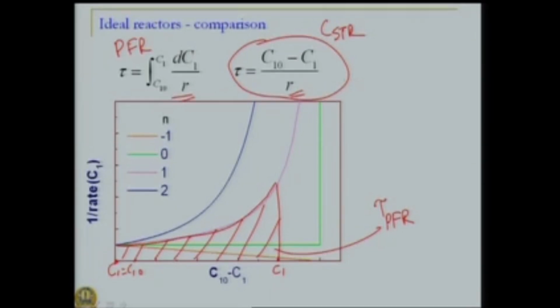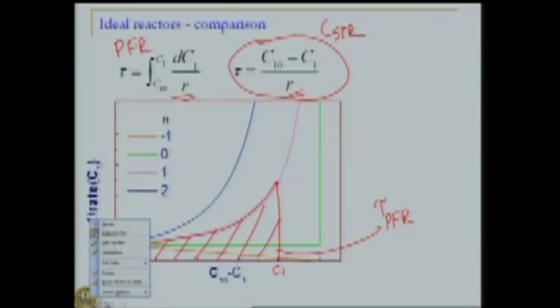Let us look at what happens when we have a stirred tank reactor. For a stirred tank reactor, for a given value of C1, this is the value of 1 over R, and the residence time is 1 over R multiplied by C10 minus C1.